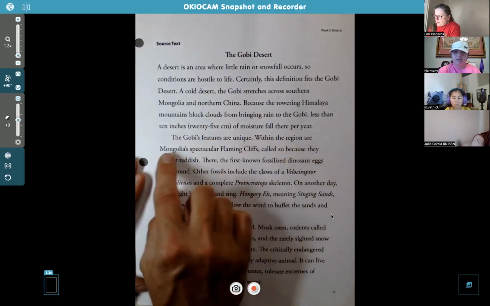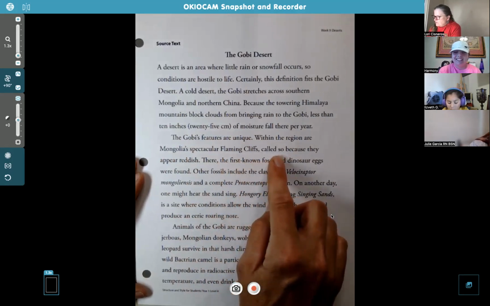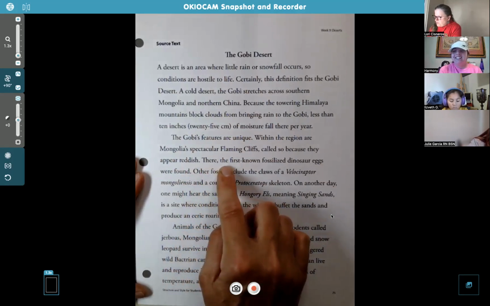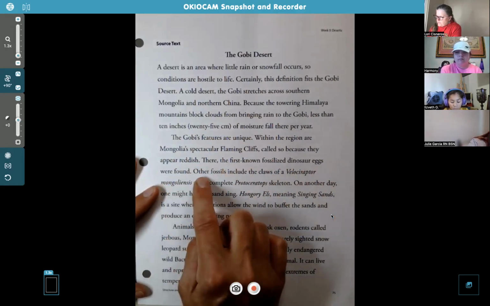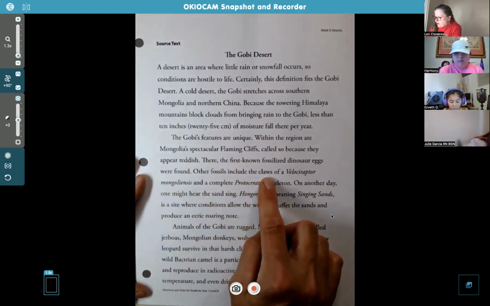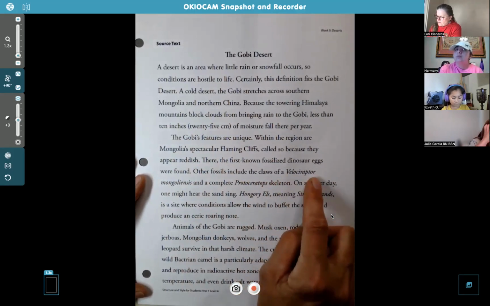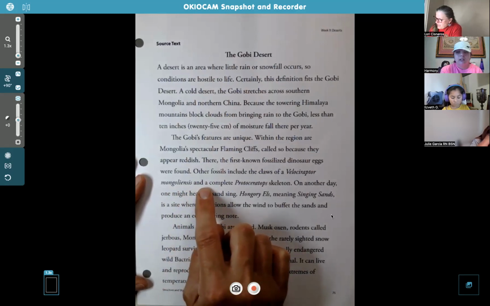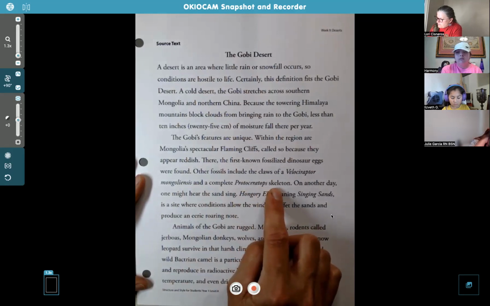The Gobi's features are unique. Within the region are Mongolia's spectacular flaming cliffs, called so because they appear reddish. There, the first known fossilized dinosaur eggs were found. Other fossils, including the claws of a velociraptor, Mongolianus, and a complete Protoceratops skeleton.